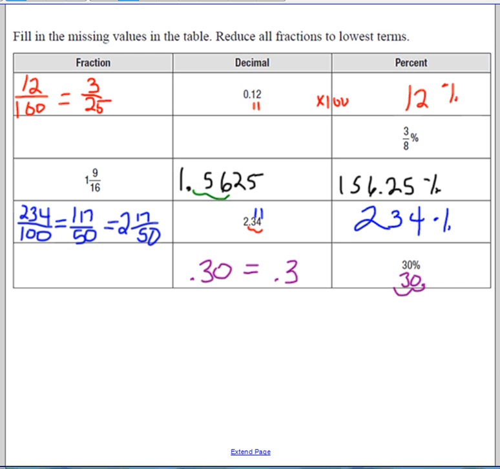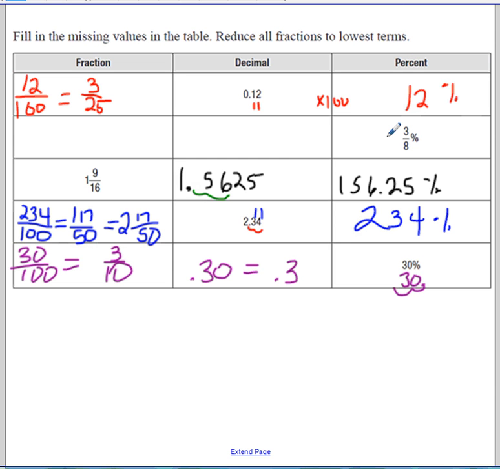And so if we're looking at the 0.30, we see 30, and there's 2 spaces after the decimal, so we would put 2 zeros, or we see that 3, and notice that one only has 1 digit after the decimal, so 1 zero. So 30 over 100 simplifies down to 3/10.